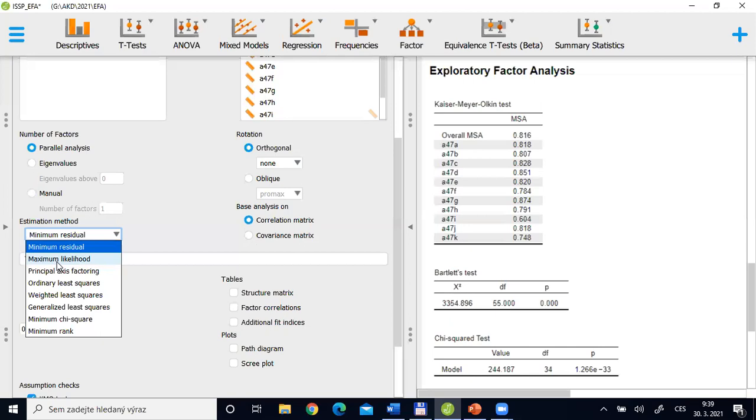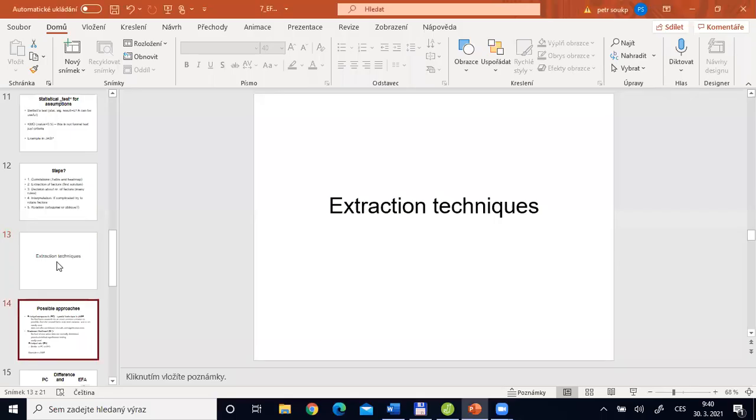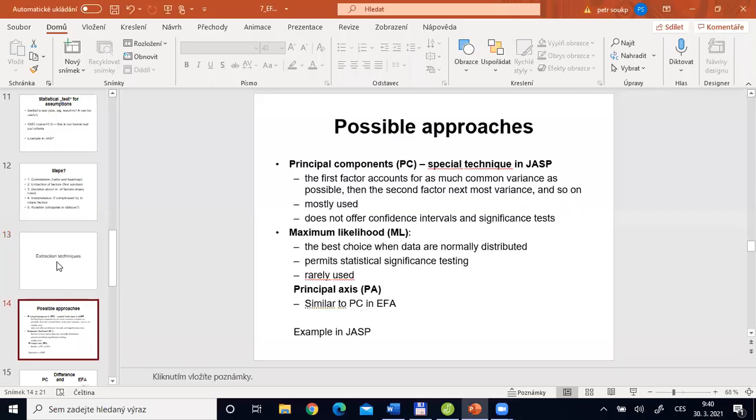In real-life examples, it is quite an exception that my data would be cardinal and follow a normal distribution. That's why maximum likelihood is not usually performed in exploratory factor analysis. So that's the first discussion. You can also find basic information here on slide number 14.